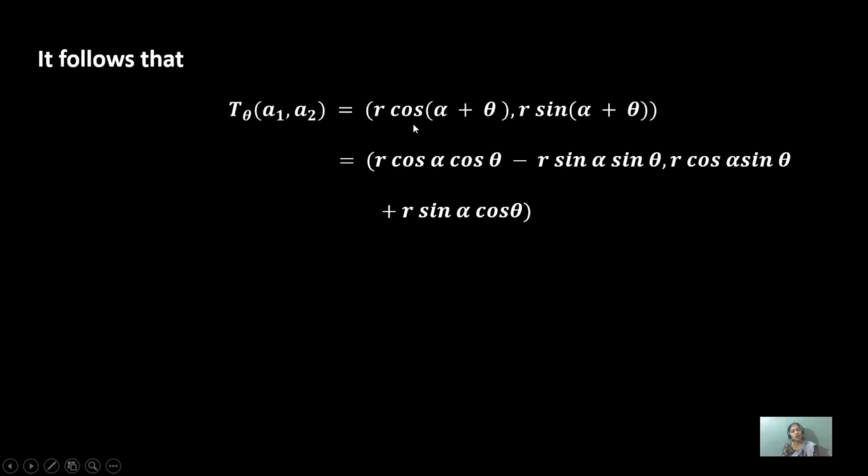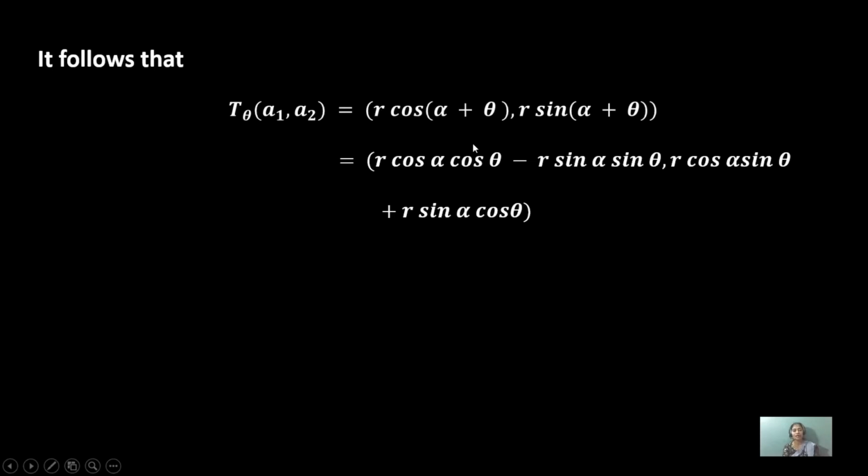r is common in both of these equations. What is the formula? cos(a plus b) equals cos a cos b minus sin a sin b. This formula is applied: r cos alpha cos theta minus r sin alpha sin theta.